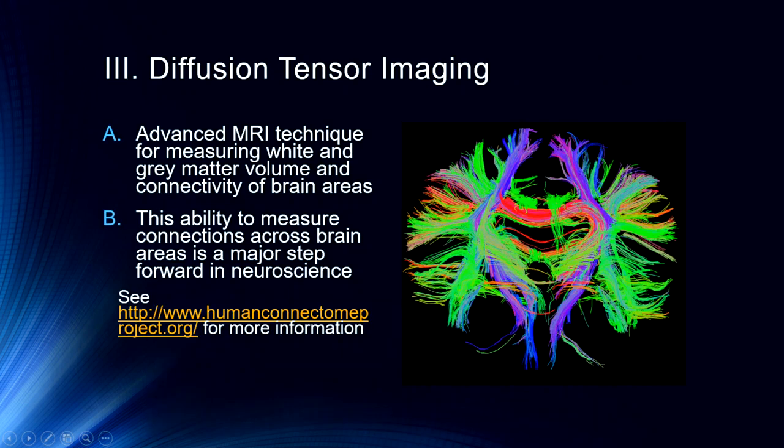So that gets us to diffusion tensor imaging. And this is an advanced MRI technique for measuring white matter gray volume and connectivity of brain areas. And so in addition to being able to image these structures, they can actually also determine how areas are functionally connected. I don't want to really dive into that technology too much, but you can take a look at the Human Connectome project.